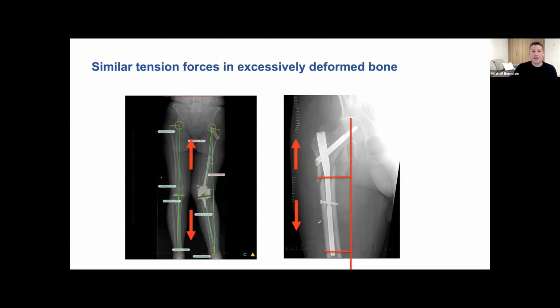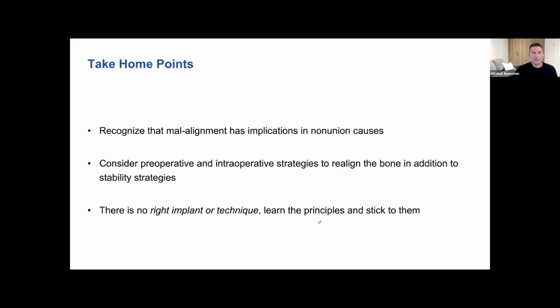Similar with the other case that was really deformed. Recognize malalignment has implications in non-unions, and consider pre-op and intra-op strategies to realign the bone in addition to your stability strategies. There is no right implant or technique. I think we should stick to the principles and apply them.